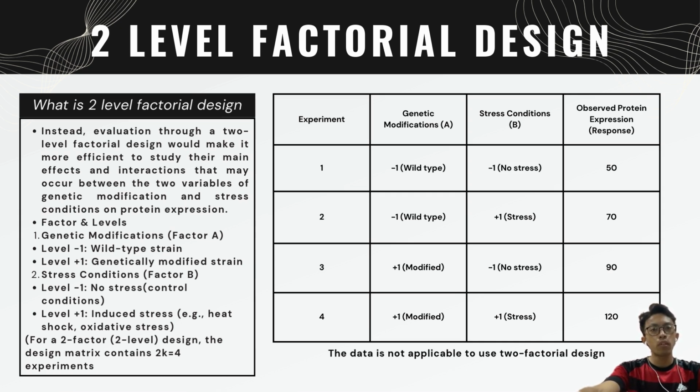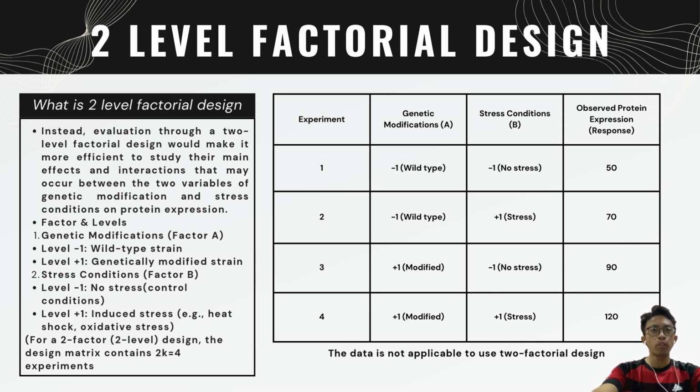So how does the two-level factorial design work? We choose the factors that we want to study, and we define their two levels. For this example, we use genetic modification, which is either wild type or modified, and for stress, which is either non-stress or with stress.